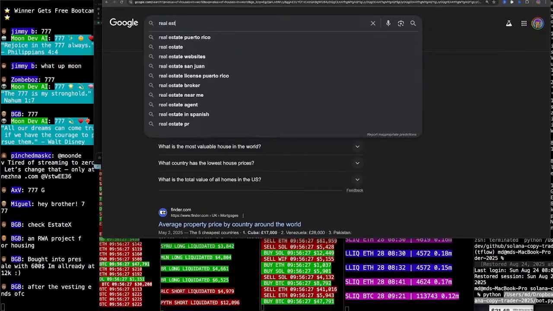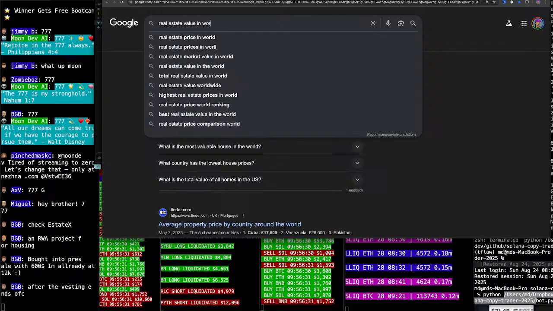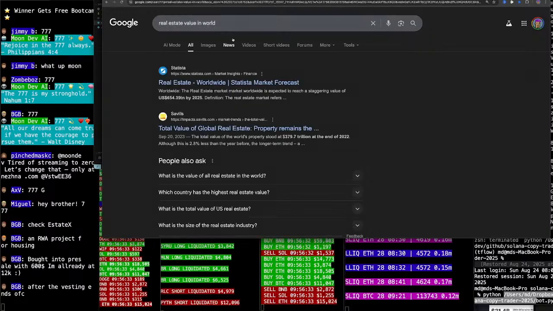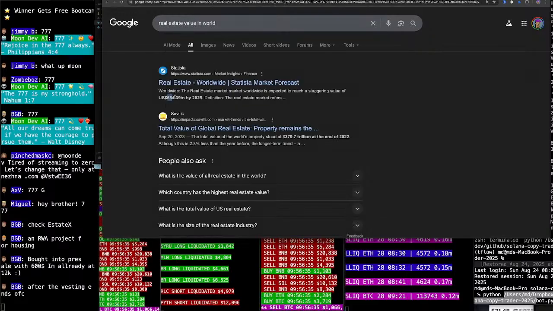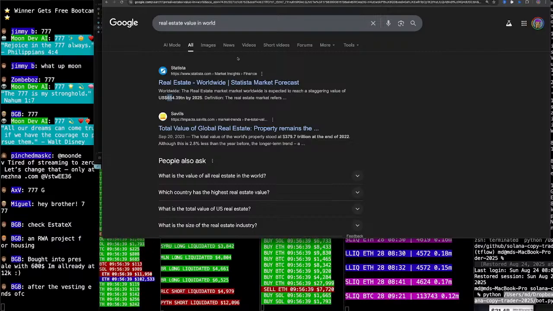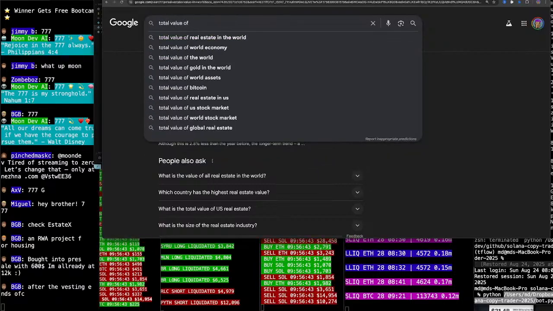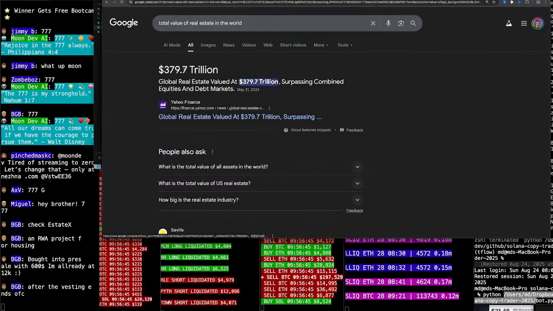Real estate value in world. It's a 654 trillion industry. Total value of real estate in the world, 379 trillion. So, they're saying let's flip the real estate market.